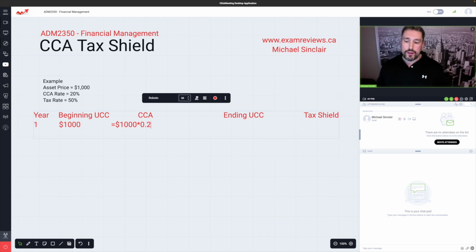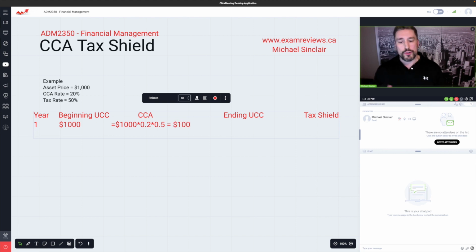Now, for those of you who may have forgotten, there's a rule called the 50% rule that we must apply to the first year when calculating the capital cost for an asset. So we multiply this by 0.5. We're actually going to reduce the value of that asset by 50% less than we would in a normal year. When we do that, we get our capital cost allowance for the year of $100.